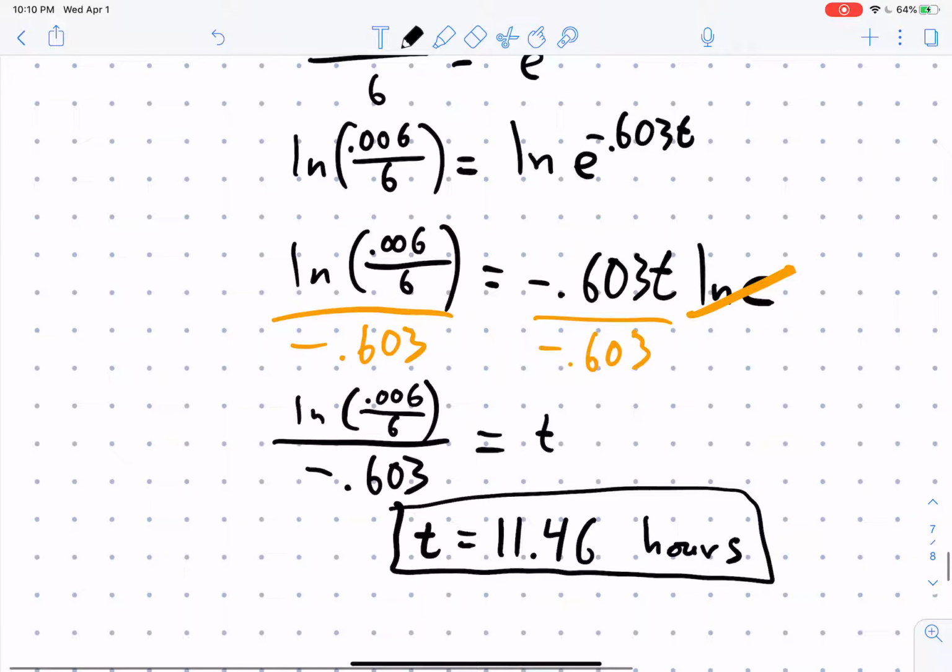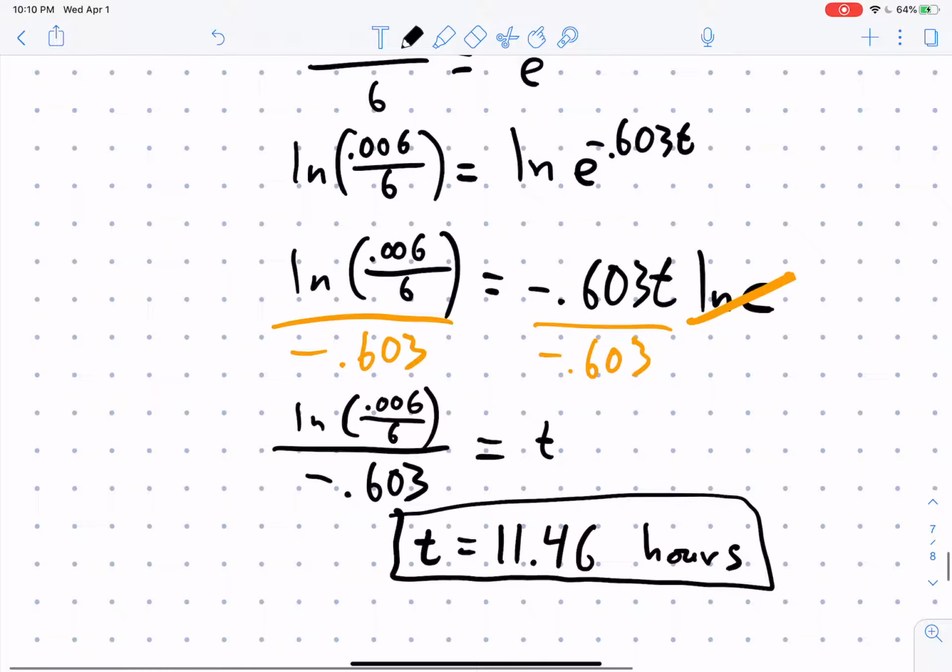That is 0.1%. And the answer, it will take almost 12 hours. So if this happened at, say, 11 o'clock in the morning, then by 11 p.m. at night, the number of remaining virus molecules viable and in the air would have been reduced by a factor of 1,000. It would be 0.1% of the original amount.